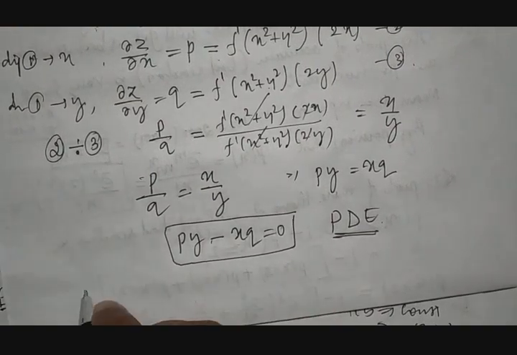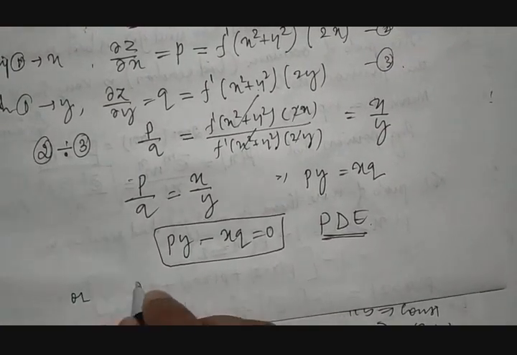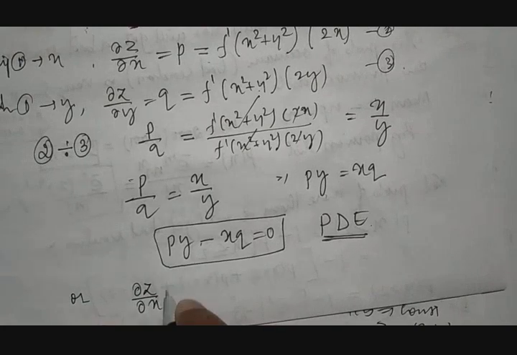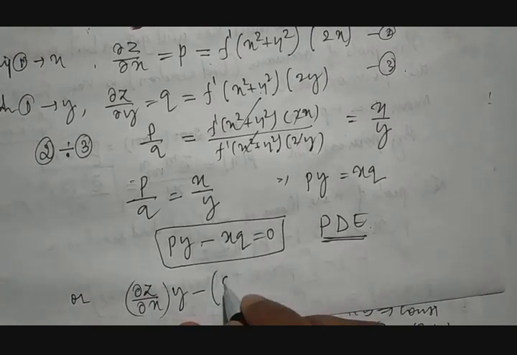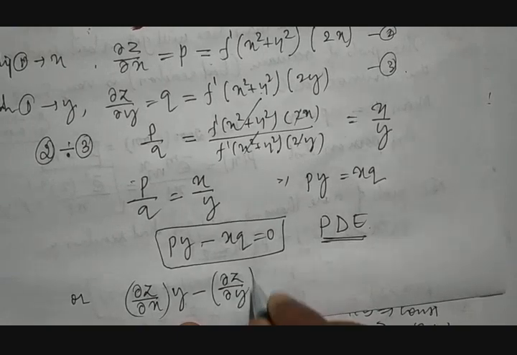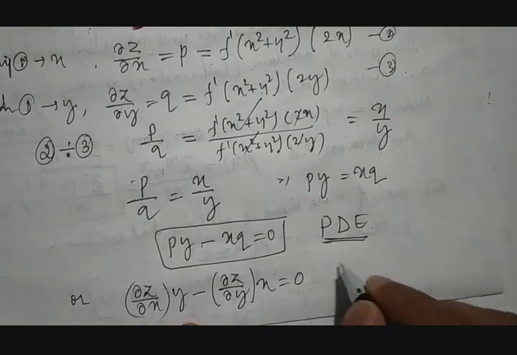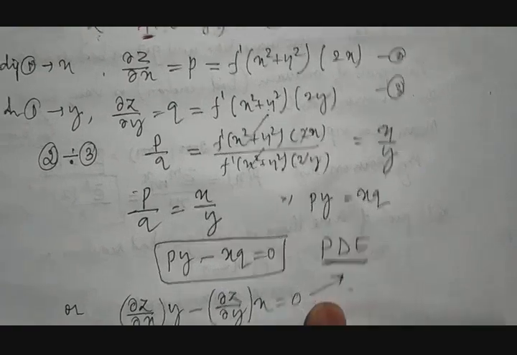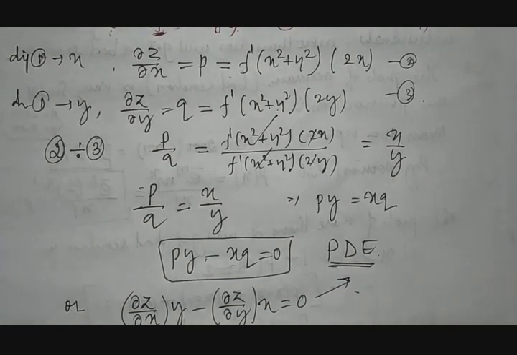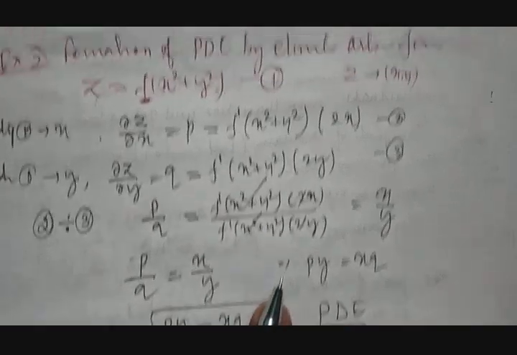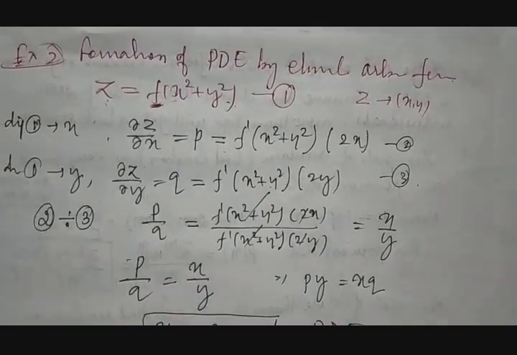Sometimes we can also represent this as ∂z/∂x into y minus ∂z/∂y into x is equal to 0. This is also a partial differential equation. So this is the way we can form a partial differential equation, either by eliminating arbitrary constants or by eliminating arbitrary functions. Thank you.